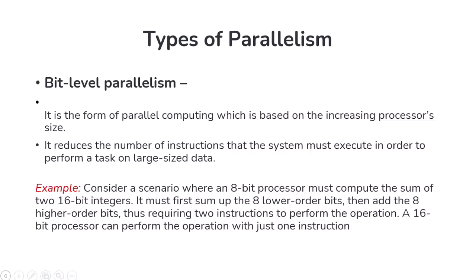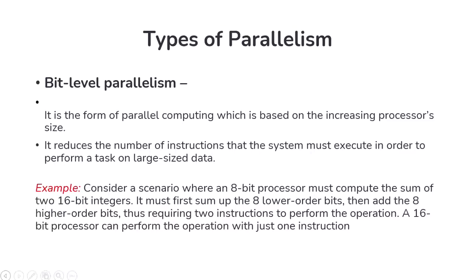If there is one processor with a dedicated size, we cannot increase that processor's size, but we embed another processor in parallel with it. This means the bit size is automatically increased. Bit level parallelism reduces the number of instructions the system must execute to perform a task on large size data.